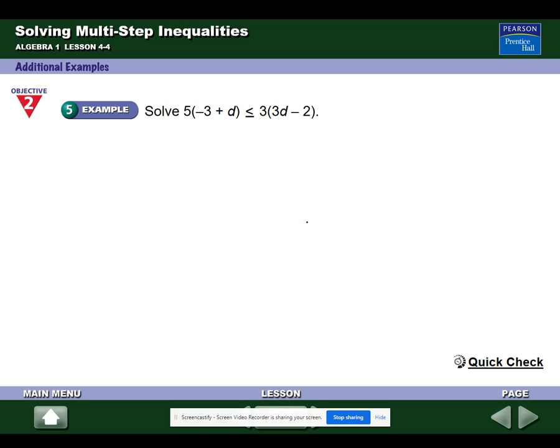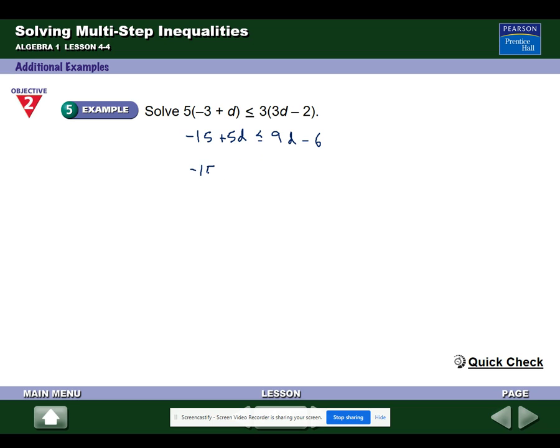Last one. Let's distribute. Negative 15 plus 5d less than or equal to, distribute here, 9d minus 6. Just for fun, let's do it. Let's subtract 9d from both sides.